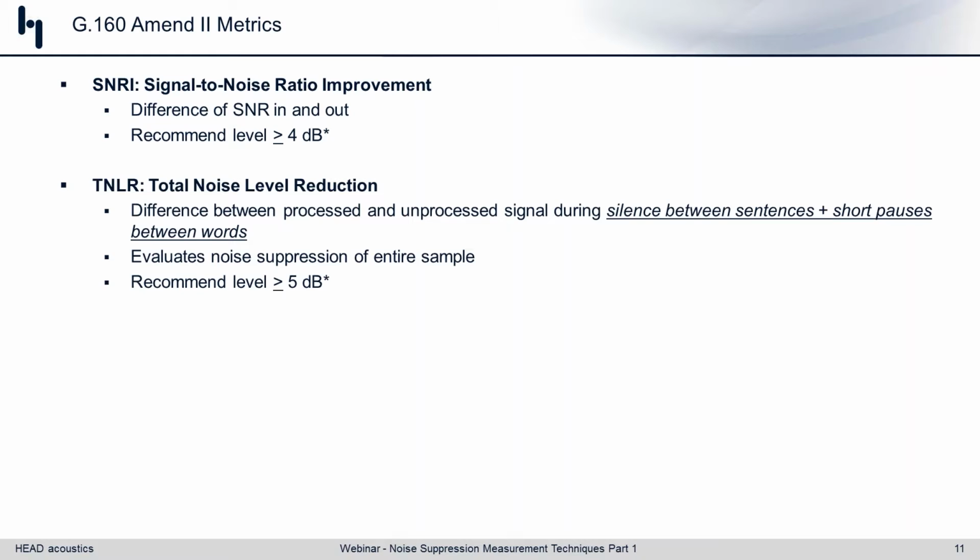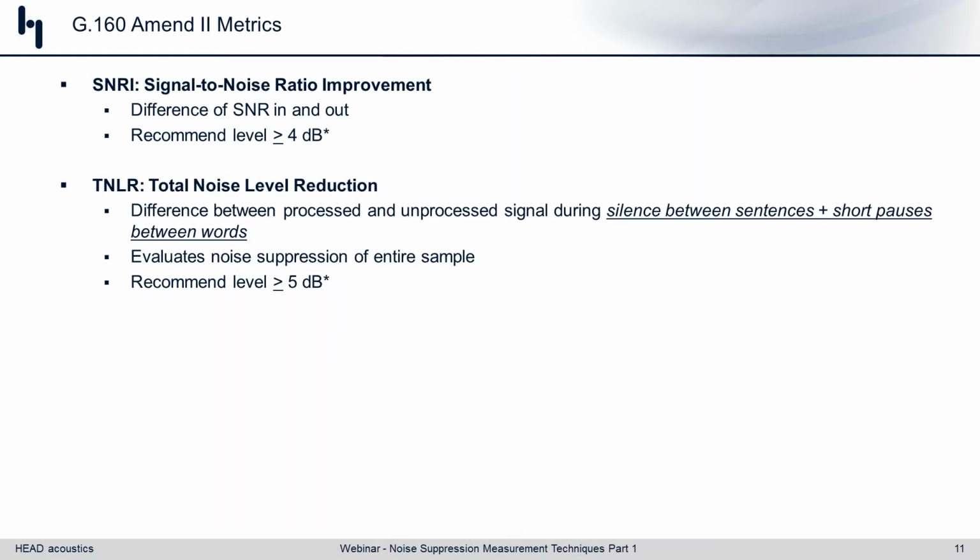What we also get is something called the TNLR, the total noise level reduction. This is an interesting one where we use some frame segmentation to look at the speech and the noise portions, separating the two to only find the noise portions, or the silence portions rather, the silence between each sentence, and those are typically very easy to detect.